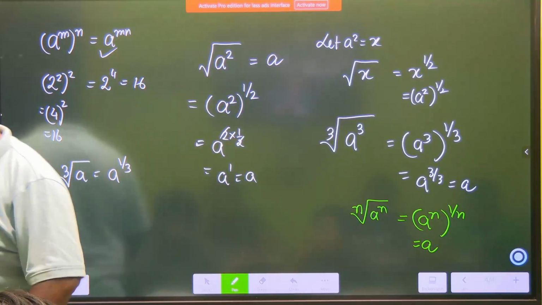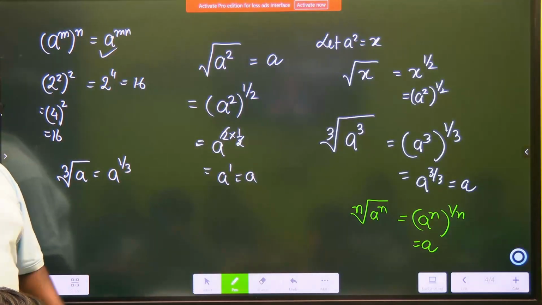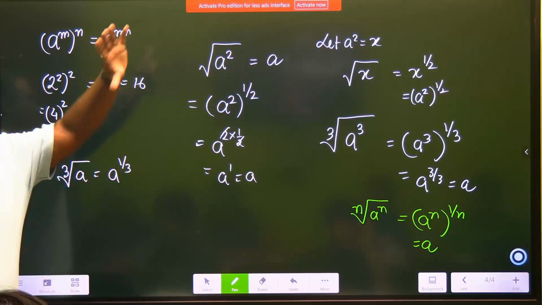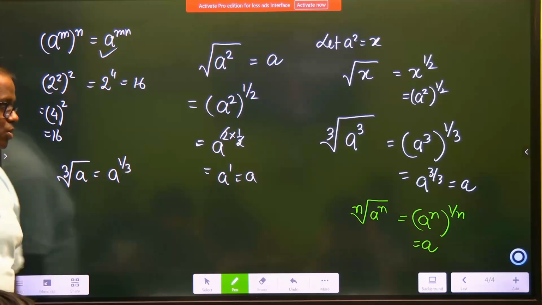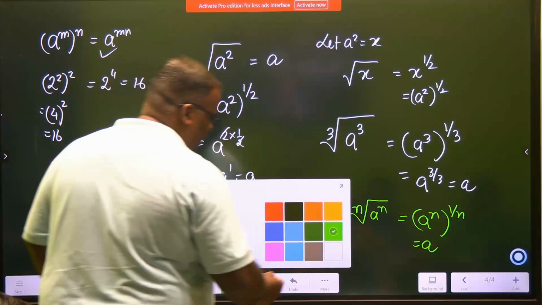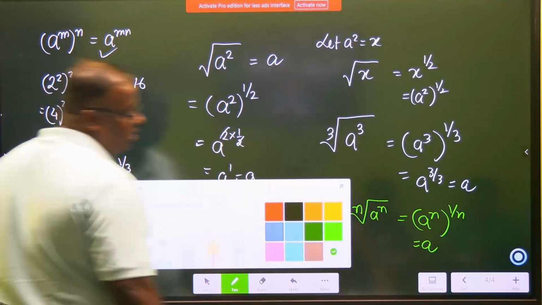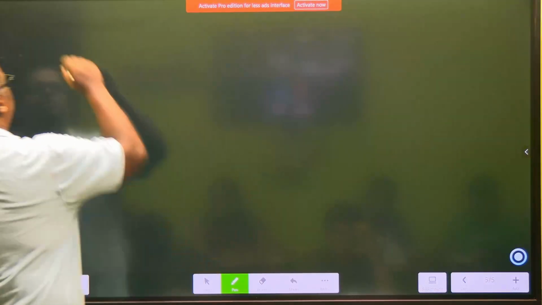But we will restrict our discussion only to 2's because we are learning square root. Have you understood now the difference between square and square root? Square gives you a bigger number. Square root brings you back to the original number. It's simple. So, can I go ahead? Shall I? Okay. So, it's something like this now.